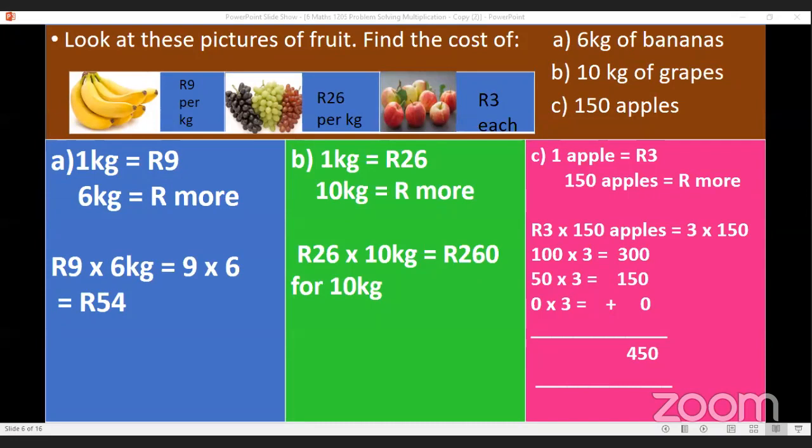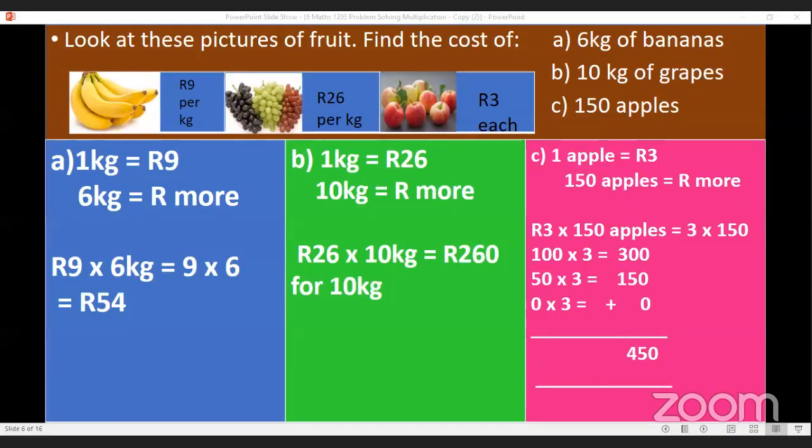So now, after getting all our answers, we're going to add the units first. 0 plus 0 plus 0 is 0. 0 plus 5 is basically adding nothing, so it's still 5. Then 3 plus 1 is 4. Then you get your answer.